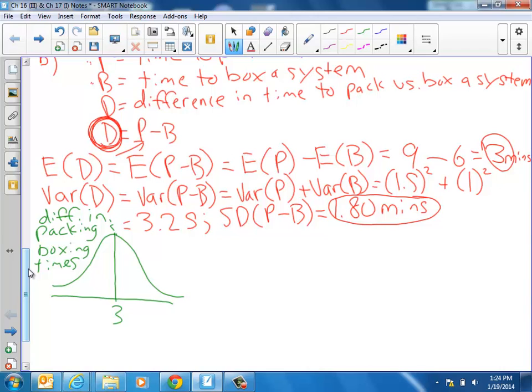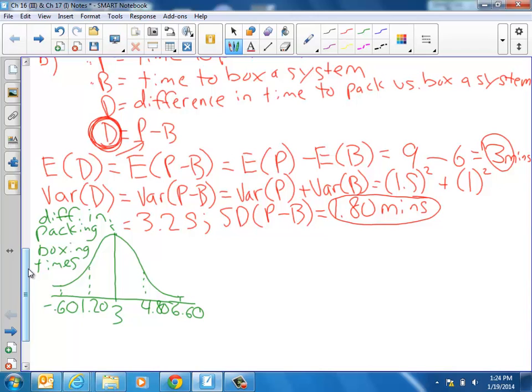Okay, so the mean of the difference is 3 minutes. Standard deviation off to one side is 4.80 or 1.20. Let's go 2 out for this. Negative 0.60 and 6.60.